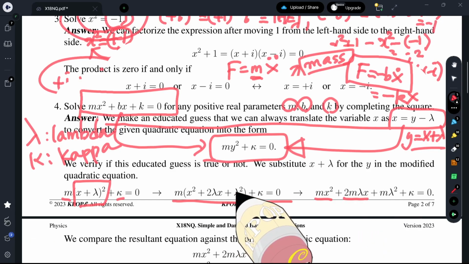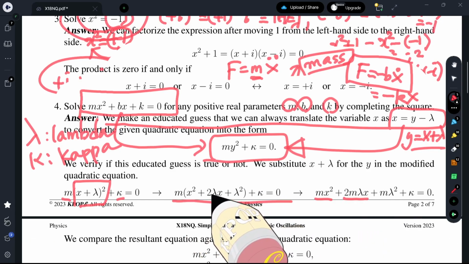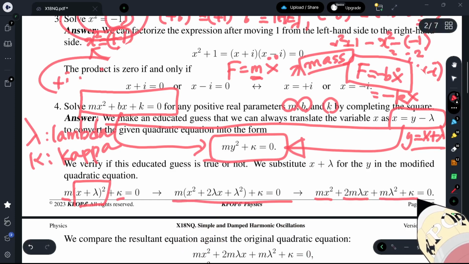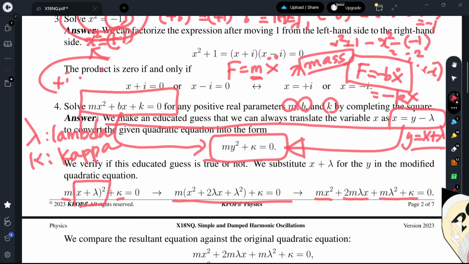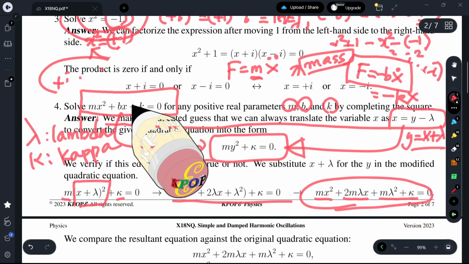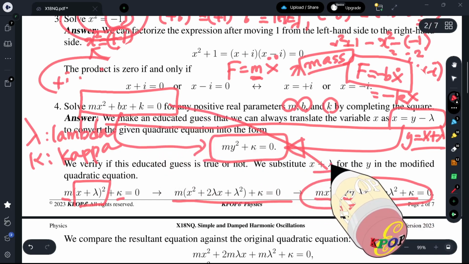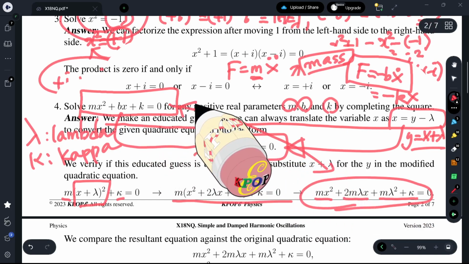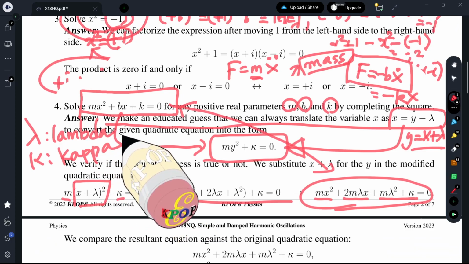And then the constant term, there are two, m lambda squared plus kappa equals 0. Okay, so if I can reproduce this original quadratic equation, I have three constraints.